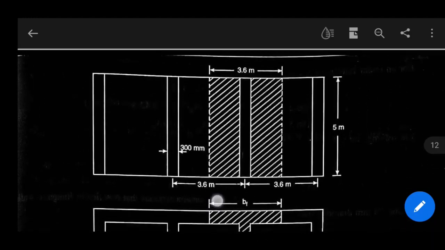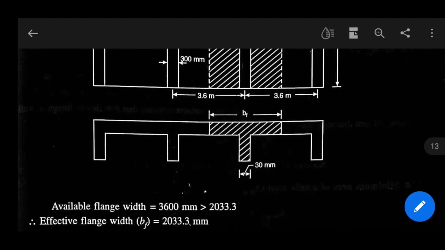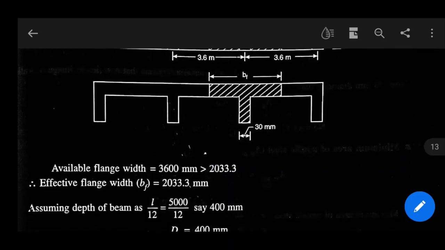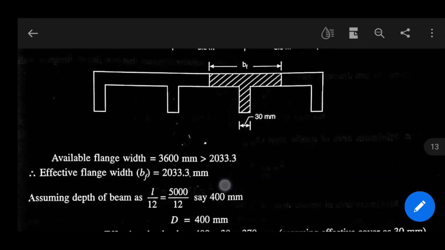This is the plan, and this is the cross-sectional view of a typical T-beam, which is monolithically constructed with slab. Now available flange width is 3600 mm, which is greater than 2033.3. Now effective width of flange BF is 2033.3 mm.